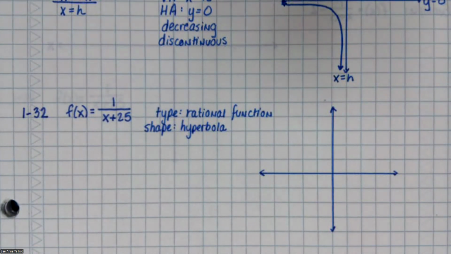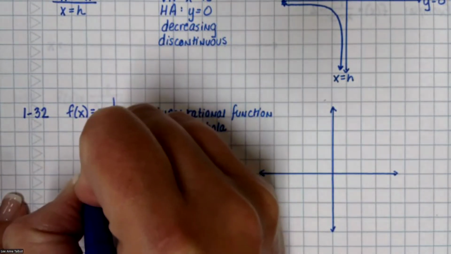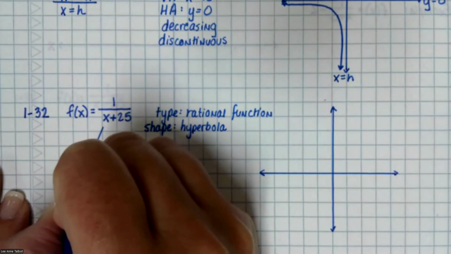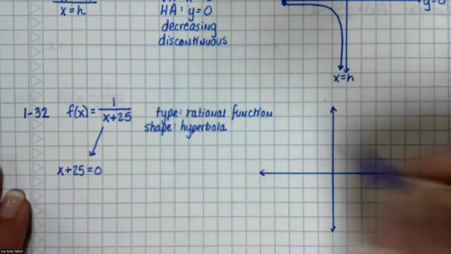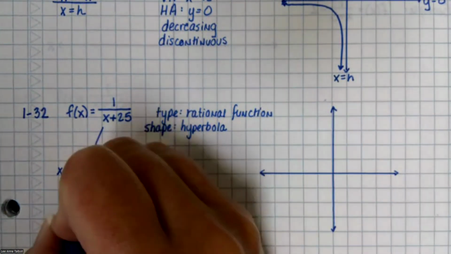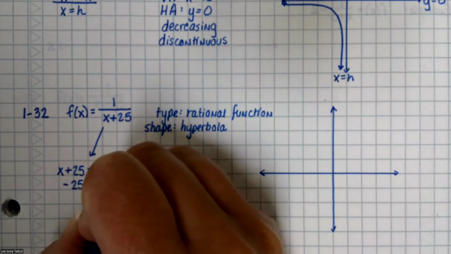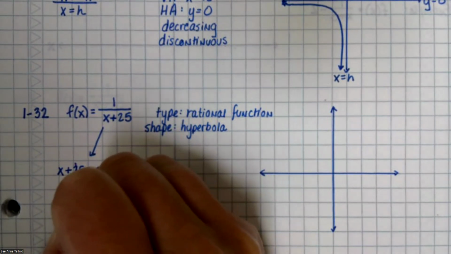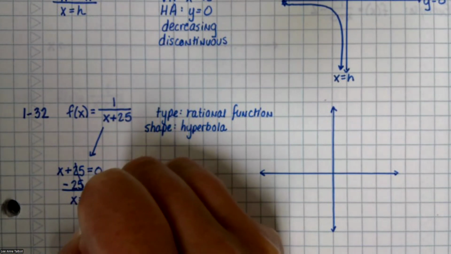Okay, any questions so far? Is everybody okay? All right, now I want you to take the denominator, come over here and do x plus 25 equals 0, minus 25, x equals negative 25.